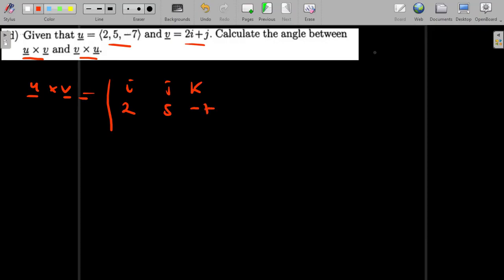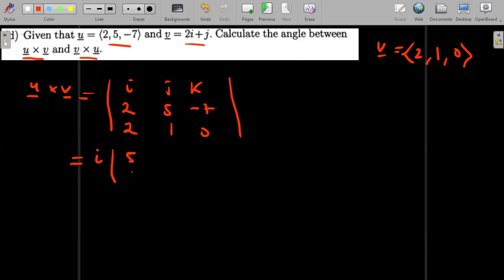Then v, the first coordinate is 2, the one that follows is 1, and we see that there's no k, meaning that is 0 there. So when I replace, I'll have 2, 1, and 0, like this. Then I can find this vector, and I'll have I there.